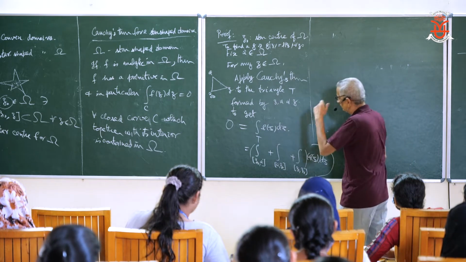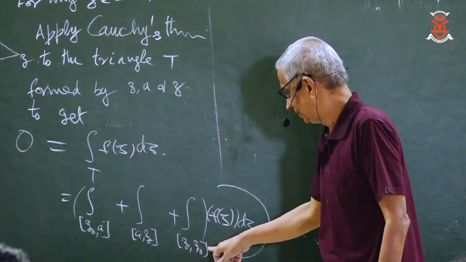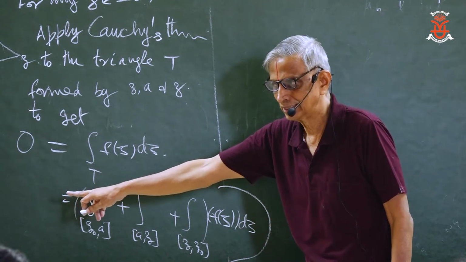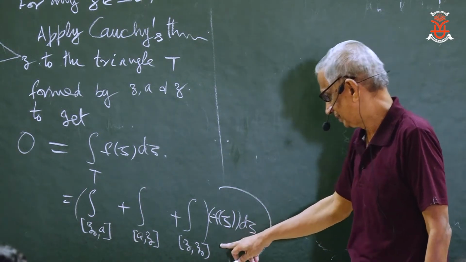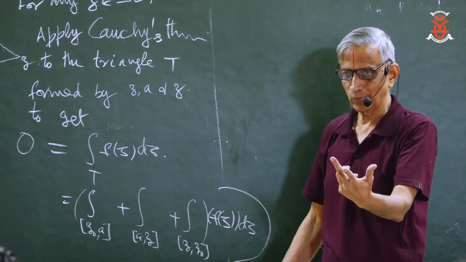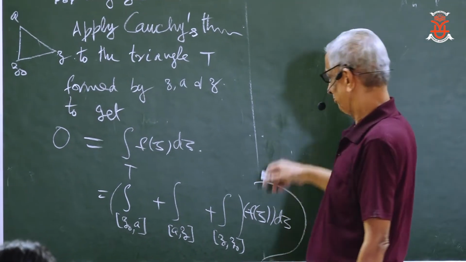So this is the generic case that we are writing. This term you can take to the other side. Z0 Z becomes the opposite orientation, right?